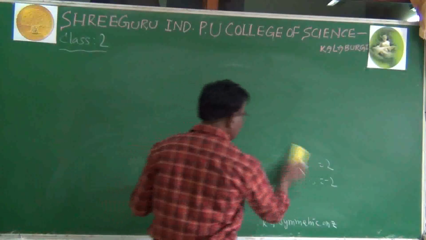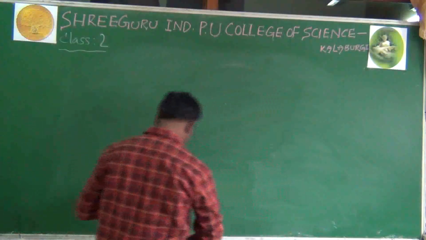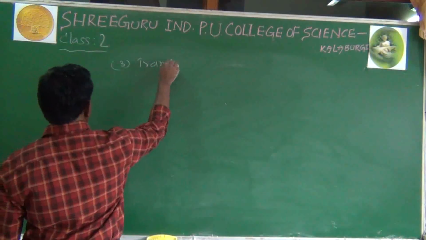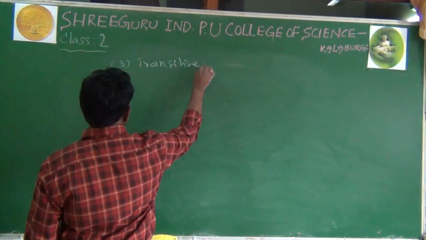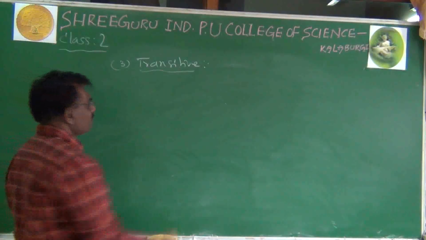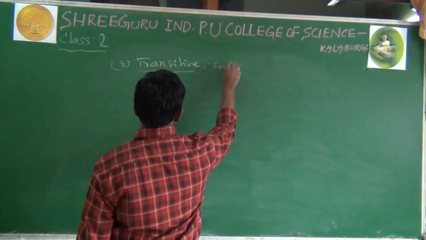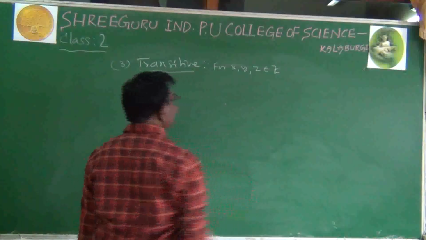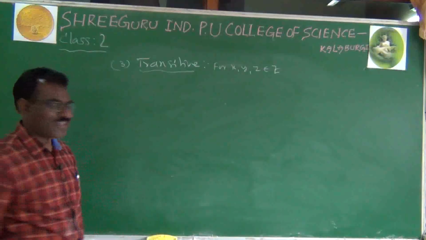And what is the next? Transitive. Transitive number 3, also called transitivity. How many elements? 3 elements. Yes, correct, you have to select 3 elements.